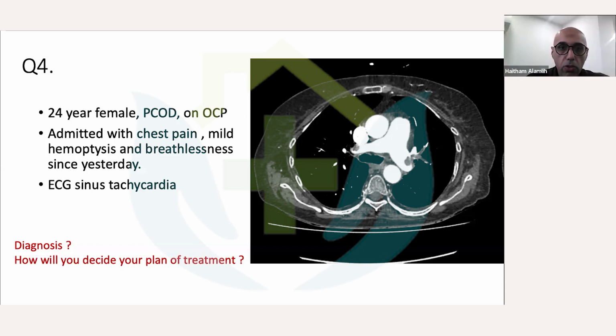We can do an echo to check the RV strain, but the definition of massive pulmonary embolism is hemodynamic instability. I need to take history to know if this PE is provoked or not. Then anticoagulation in a stable patient versus thrombolysis in an unstable patient.